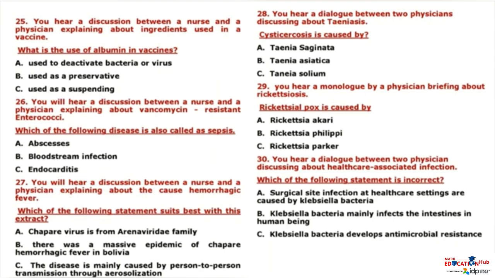Often, individuals with toniasis infection may not know they have an infection because symptoms are non-existent or mild. Especially pork tapeworm infections can result in cysticercosis, a disease that can cause seizures. Question 29. You hear a monologue by a physician briefing about rickettsiosis.